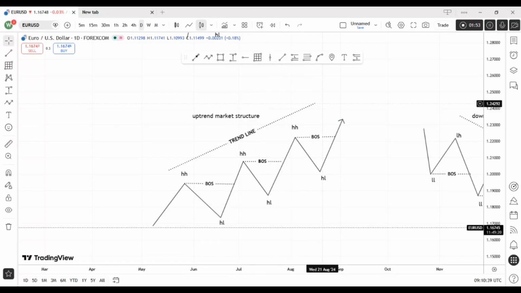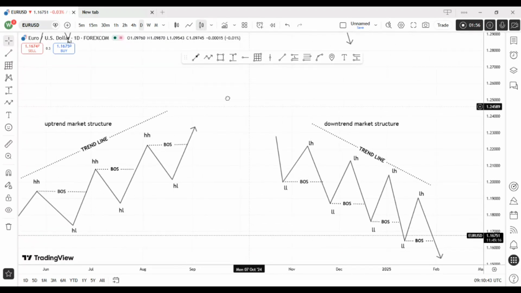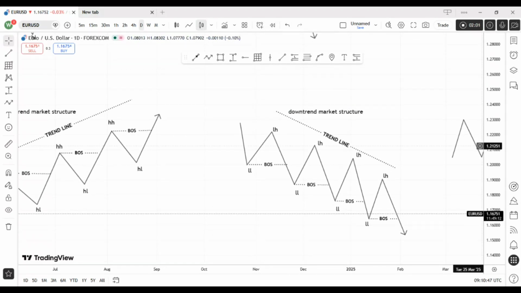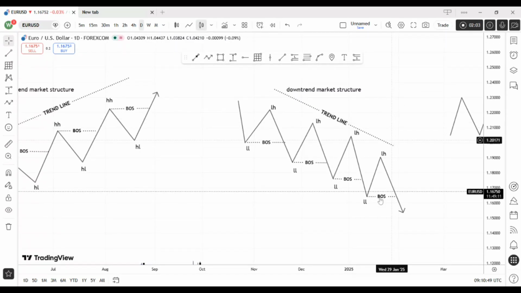On the second market structure, we have the downtrend market structure. A downtrend market structure is characterized by a series of lower lows and lower highs, lower lows and lower highs, lower lows and lower highs.